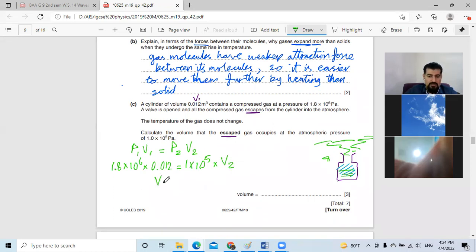By using calculator, V2 will be equal to 0.216 meter cube.